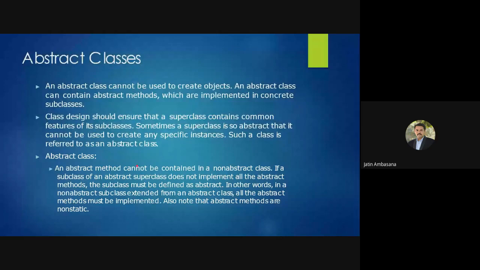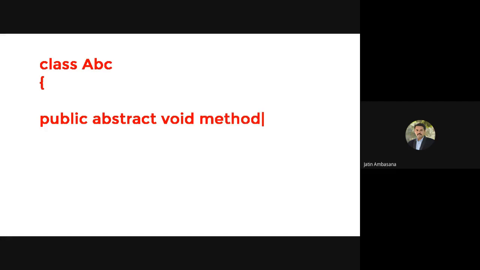Now see, what happens when you do something like this? Class ABC and public abstract void method. Since you have this method as an abstract method, it means it has no body. It means that this class cannot be instantiated because it has an incomplete method.